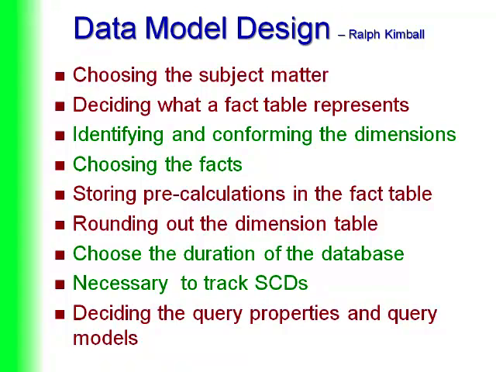After choosing the facts, we store pre-calculations in the fact table, then optimize the dimension table data, choose the duration of the database, and track the slowly changing dimensions, and finally decide the query properties and query models. By following these 9 steps, we can design a good dimensional model.